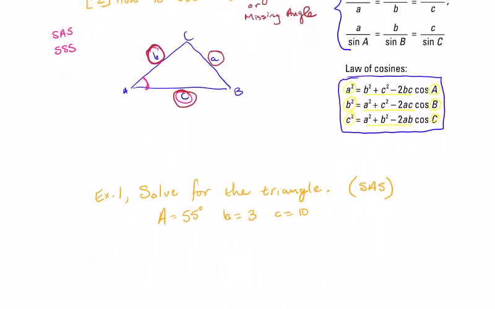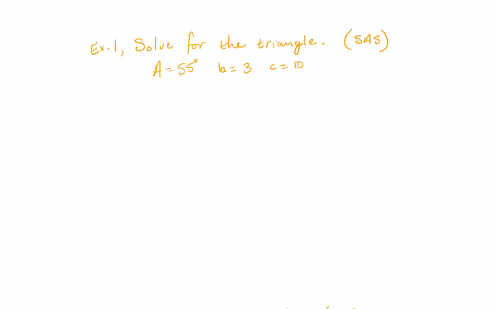So here we go. Let's do the first one. Solve for the triangle. Side, angle, side is the scenario that we start with, and then we'll do side, side, side. First thing I have people do is draw a picture.